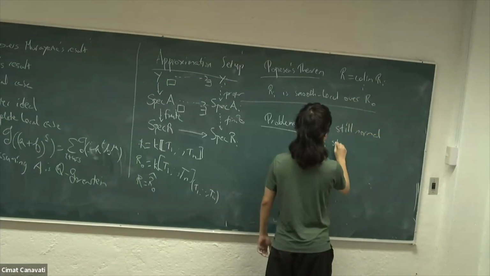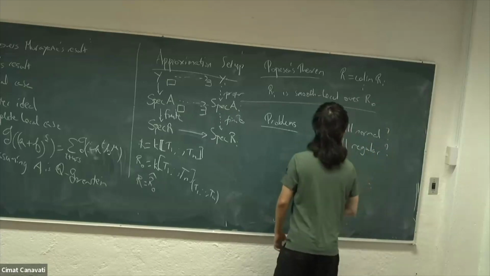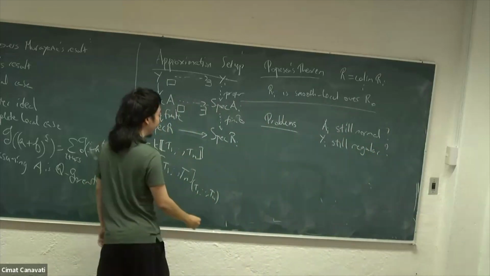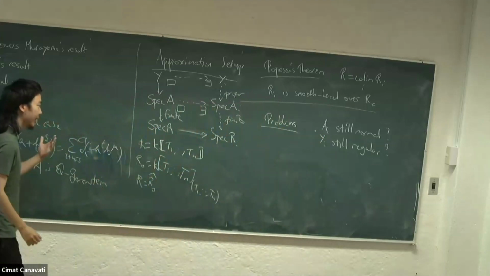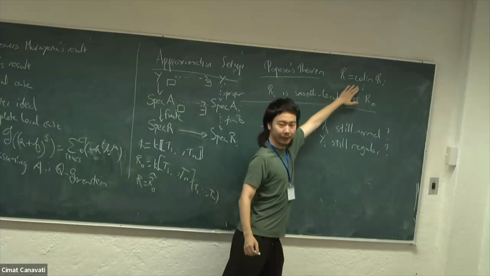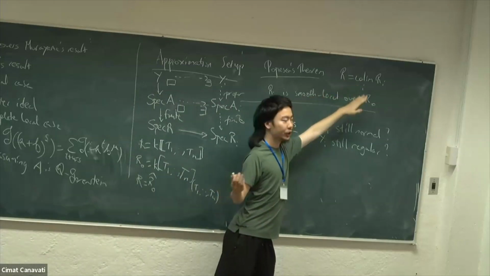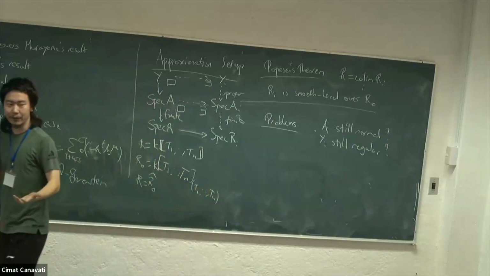And Y still regular? Right, that's the first problem. And generally speaking, you cannot expect this if this system of rings is arbitrary. So you could always descend properties, those relative properties of morphisms.